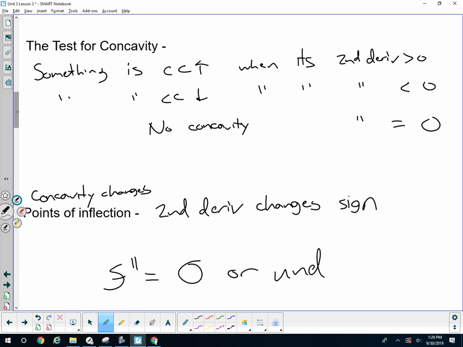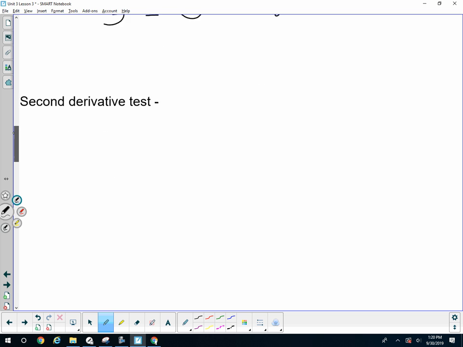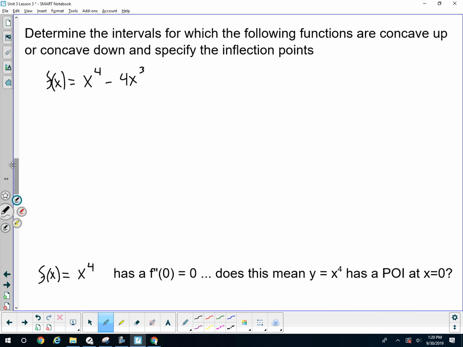Okay? So, thinking about sign analysis, and now we're understanding signs of second derivatives. If I asked you, here's a function, tell me when this function is concave up, tell me when this function is concave down, and tell me when this function has points of inflection, you, right now, should be able to discuss with your neighbors what you should do. Go.